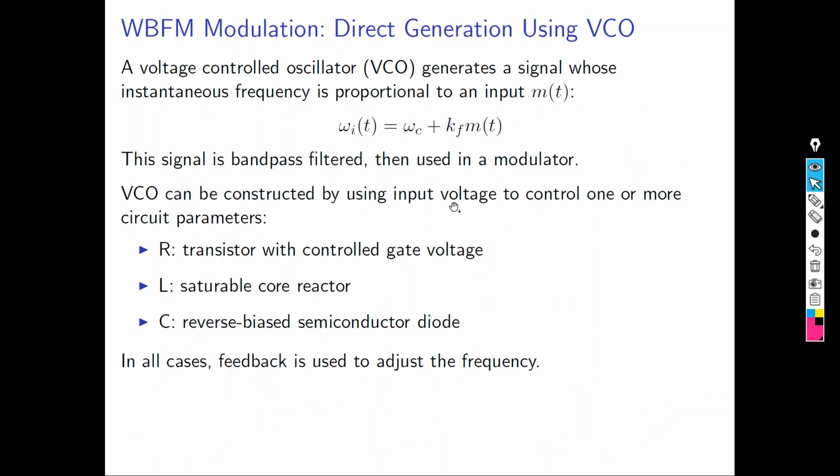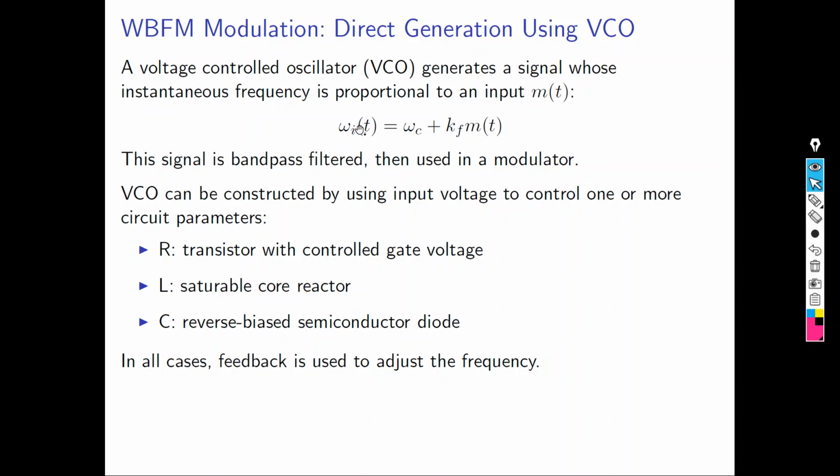Also, for wideband frequency modulation, we use a voltage controlled oscillator to generate a signal whose instantaneous frequency is proportional to an input. The voltage controlled oscillator generates a signal with instantaneous frequency proportional to the message signal.